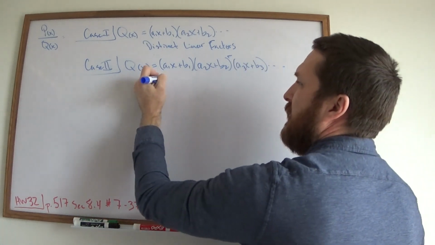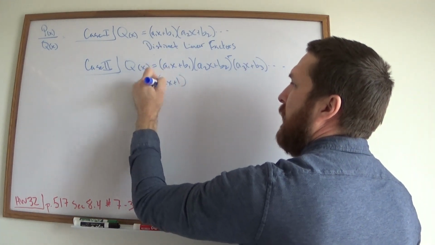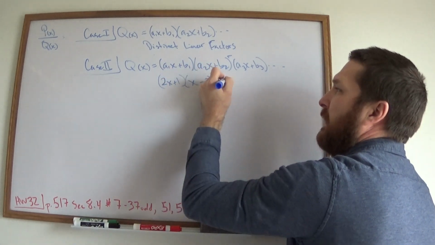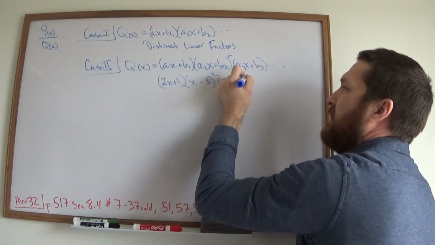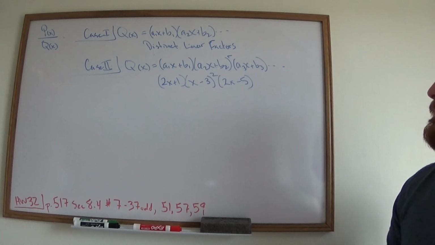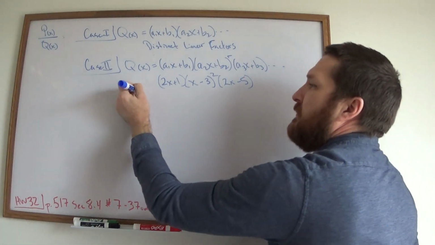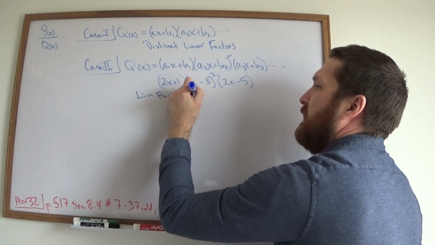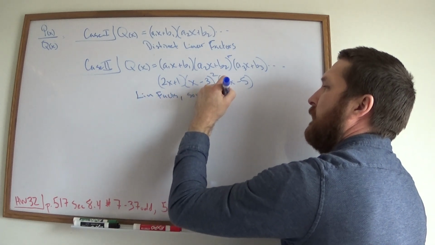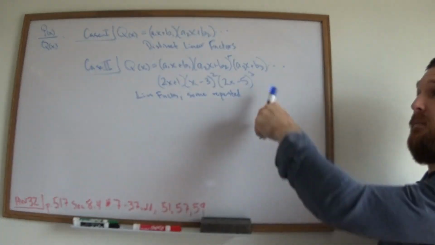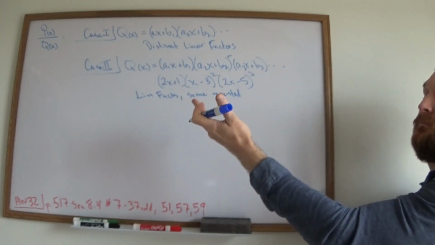So for instance, if you have 2x plus 1, x minus 3 squared, and then, I don't know, 2x minus 5, that would be this kind of case. So linear factors, some repeated. And maybe more than one of them are repeated, maybe that's raised to a power 2.